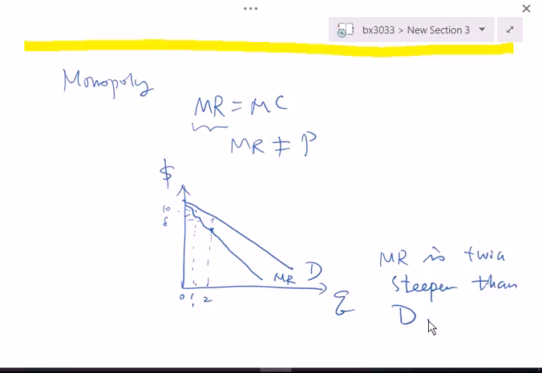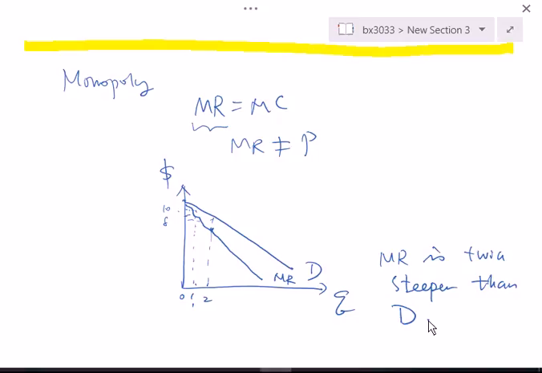The intuition is that since I'm faced with a downward sloping demand curve, if I want to sell more, I need to cut the price. And be aware of the fact that if I cut the price, I cut not just the price for the last unit, but also the price of all previous units.